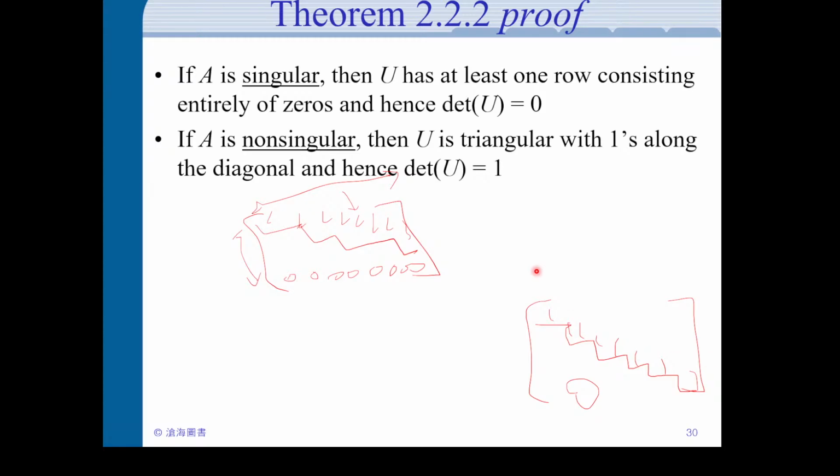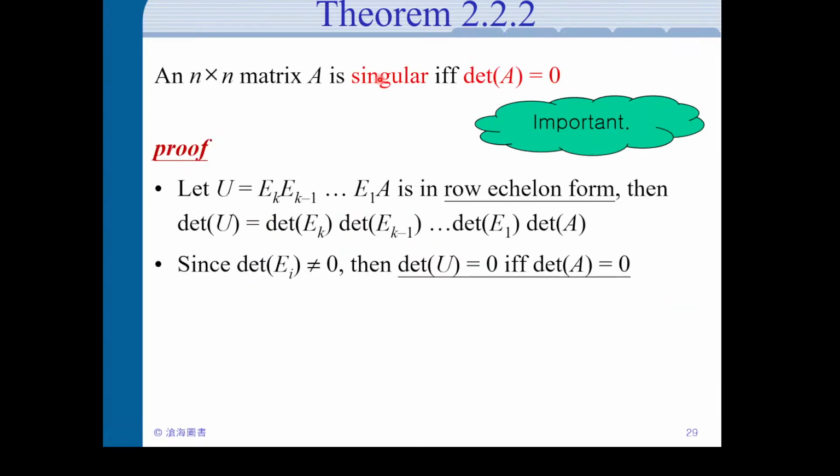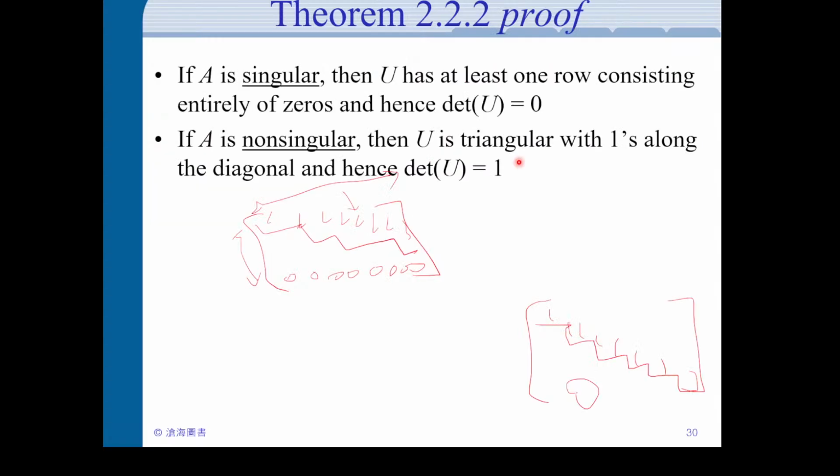So we know that if it's singular, then... I guess this is actually the reduced row echelon form, because we want to know whether it's the identity.